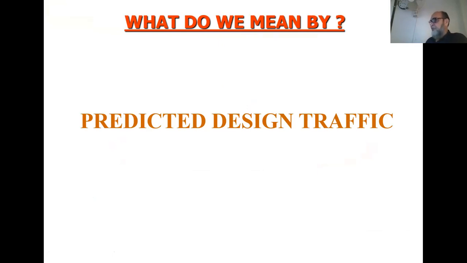Again, this value may not be exactly what you measure at the end of the design life. The traffic you projected for 15 years may have come along the road in 10 years. And that is where fatigue comes in. Fatigue says the road is designed for this much traffic that you have predicted for 15 years, or 10, 20 years of design life.